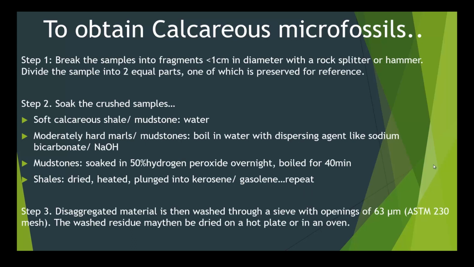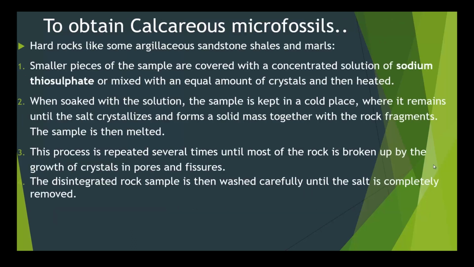When soaked with the solution, the sample is kept in a cold place where it remains until the salt crystallizes and forms a solid mass together with the rock fragments. The sample is then melted. This process is repeated several times until the rock is broken up by the growth of crystals in pores and fissures. The disintegrated rock sample is then washed until the salt is completely removed.